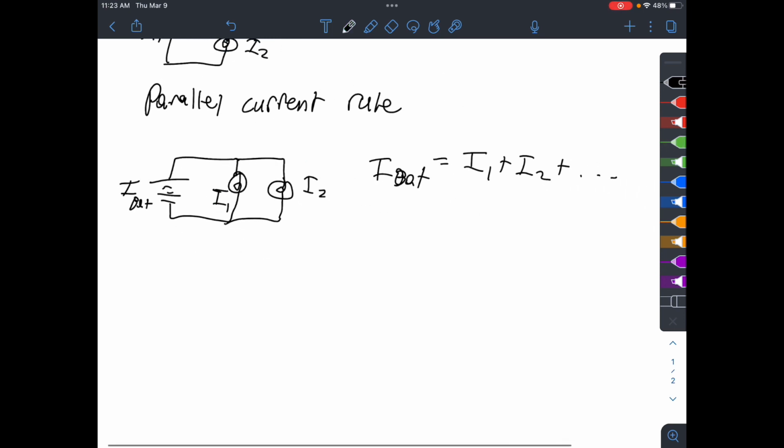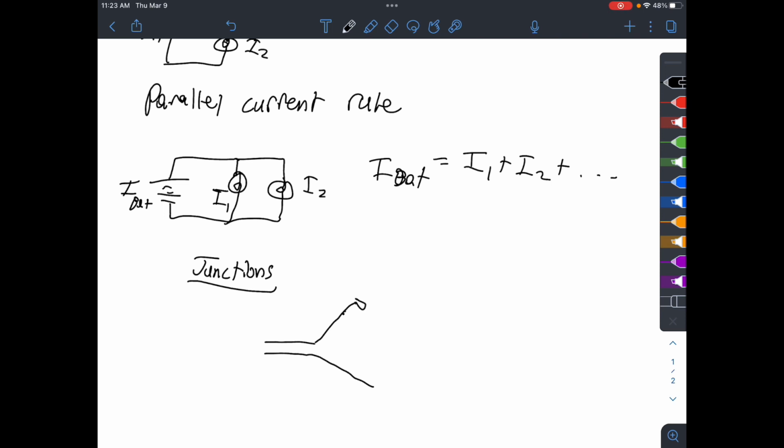And another quick rule here about junctions is that if I have a wire that splits into two or more directions, the current in is equal to the current that is going out of this junction.